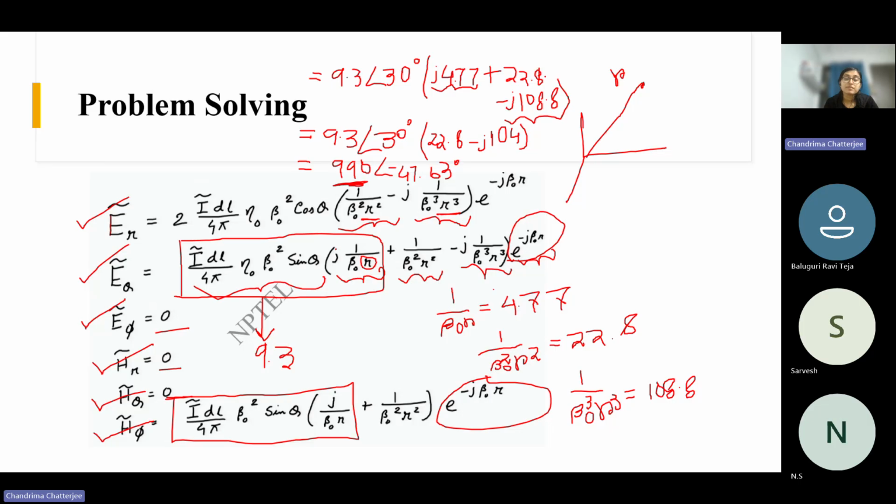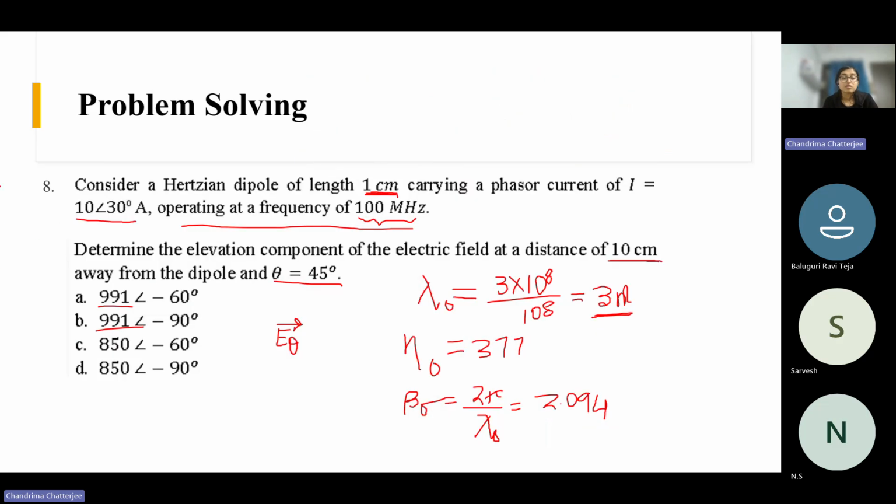If you do minus 47.63 minus 12, this part is minus 12 degree. Then the total angle is almost minus 60 degree. Okay. So option A is the correct option.